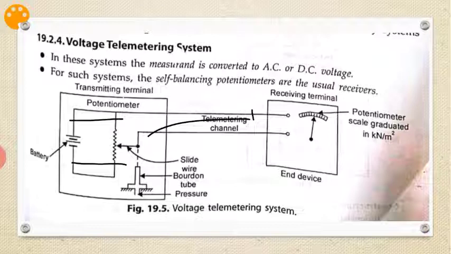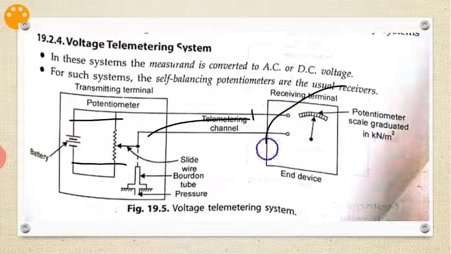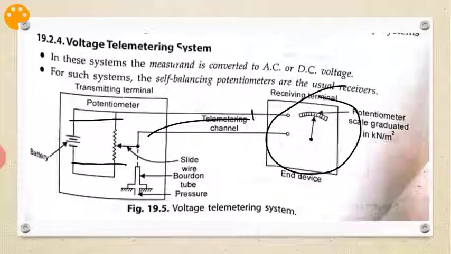At the receiving terminal, a null balance DC potentiometer or recorder is used. When it is null balanced, no force is detected, and the meter will show null balance.